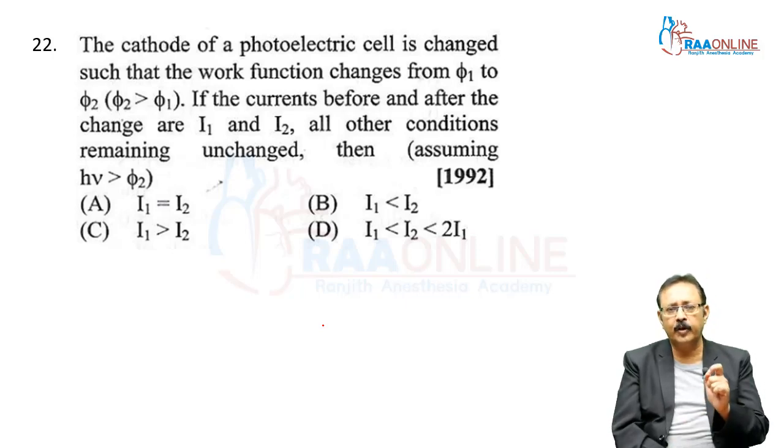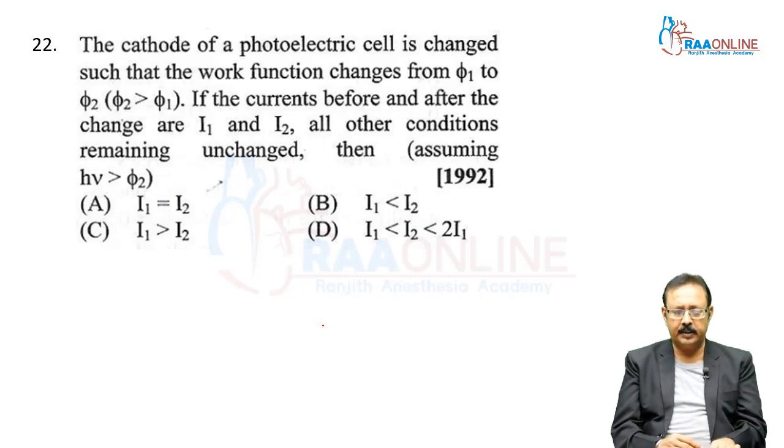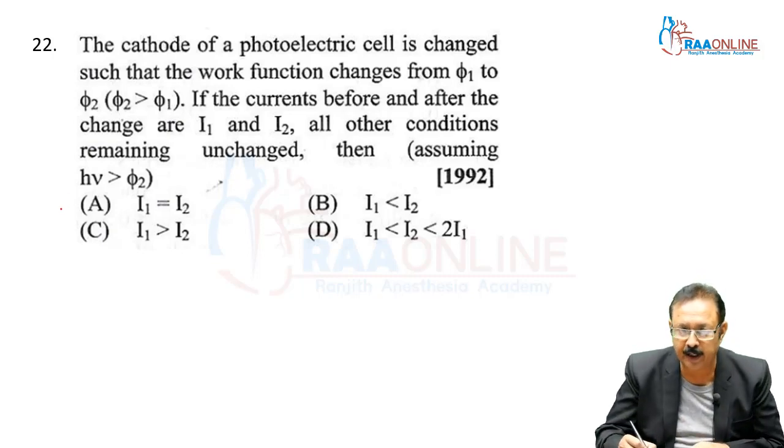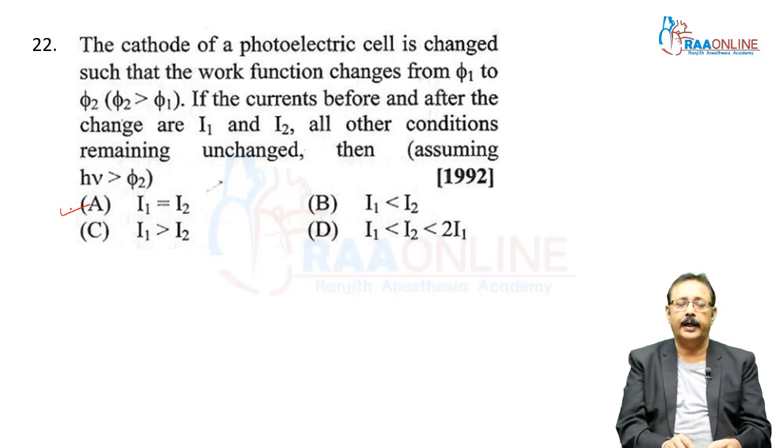So the number of photoelectrons coming out will be the same, but if you increase the work function, they will come with low energy now. So we should go with option A, I1 should be equal to I2.